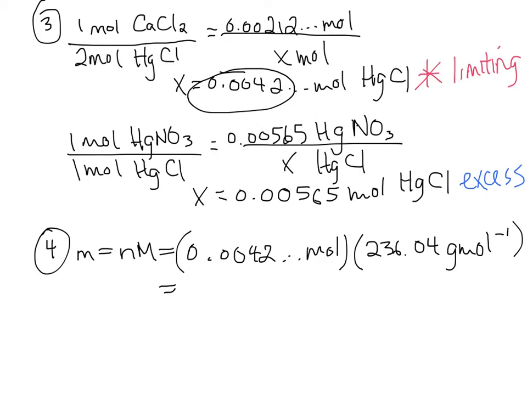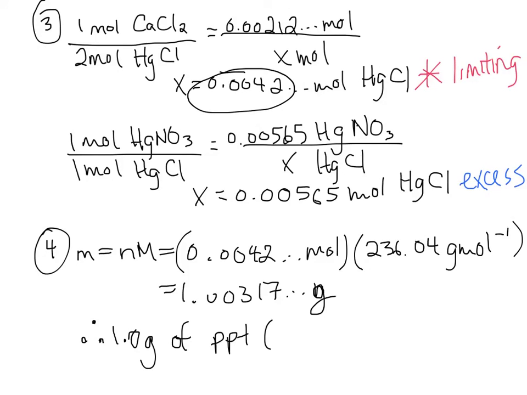This then gives us 1.00317 grams. So rounding that off to significant digits, we should have 2 significant digits, which means that 1.0 grams of the precipitate, which is mercury(I) chloride, is formed.